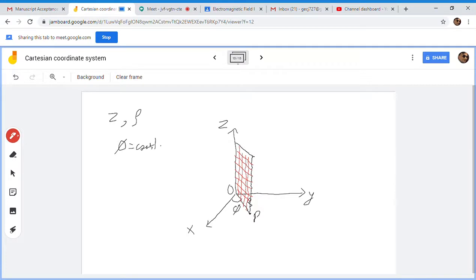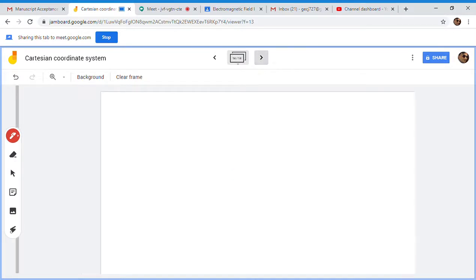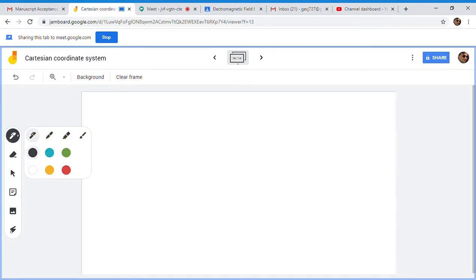It will be just a sheet, and if you rotate this sheet, in which dimension will it rotate? It will rotate in phi. And if you complete the whole phi, 0 to 360, it will make your whole cylinder. So this is how you can visualize the cylindrical coordinate system. Let us move on to the spherical coordinate system and just see the beauty.